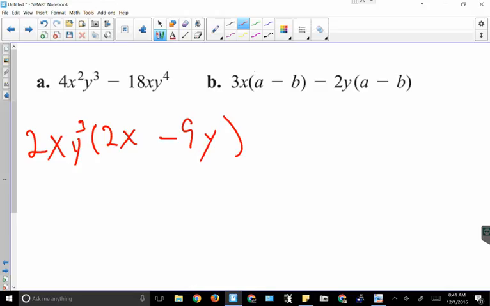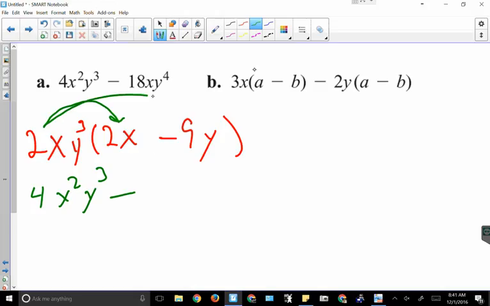Now, I said this was the opposite of the distributive. If I take this and multiply by that, 2 times 2 is 4, x times x is x squared, y, there wasn't any, y cubed, minus sign minus.